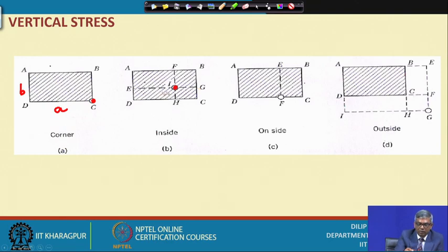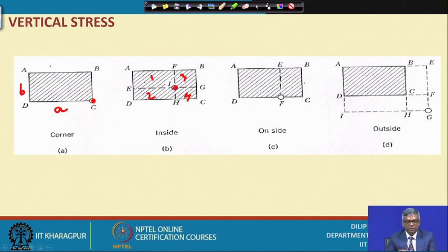I will draw a line parallel to the sides of the footing and passing through this point lengthwise. I will also draw another line passing through this point parallel to the other side of the footing. Then you can see, by drawing two lines, I have got 4 parts: 1, 2, 3, 4.